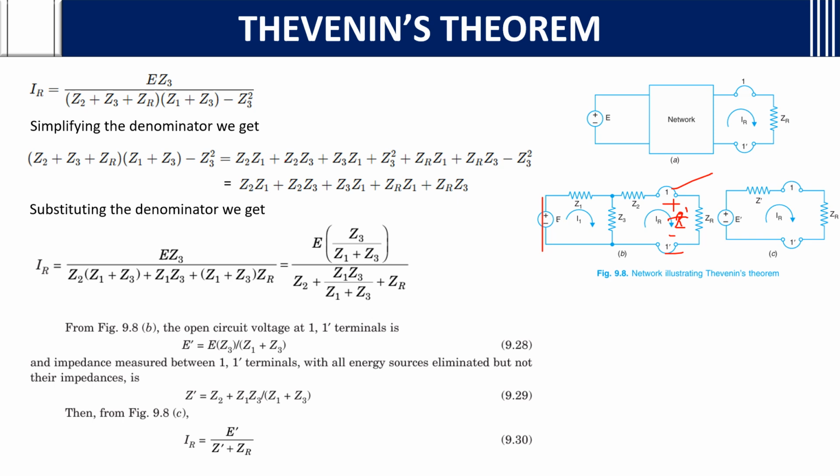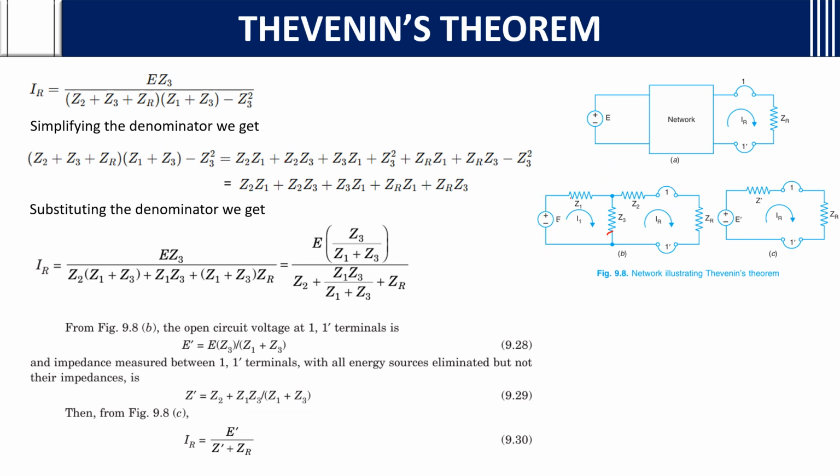If you see here, Z1 and Z3 are in parallel, so Z1 Z3 by Z1 plus Z3. This parallel combination is connected in series with Z2. Parallel you know how to find. If two resistances are there, Z1 Z3 by Z1 plus Z3 plus Z2, in series. You will get Z dash.